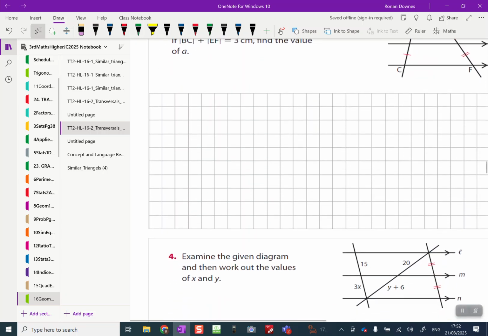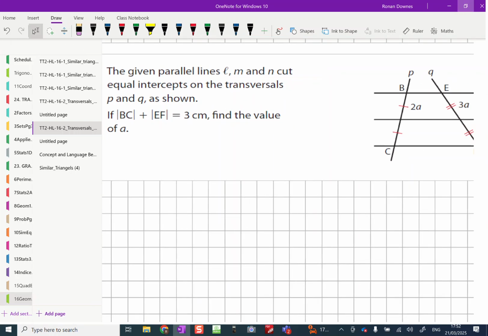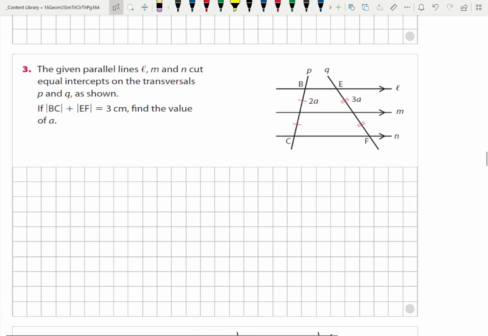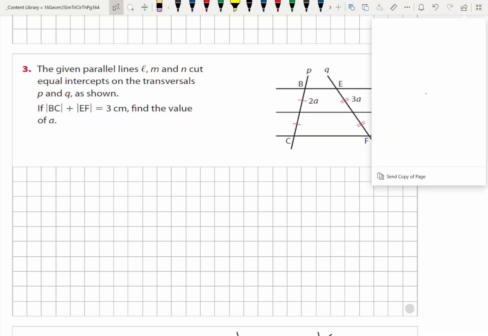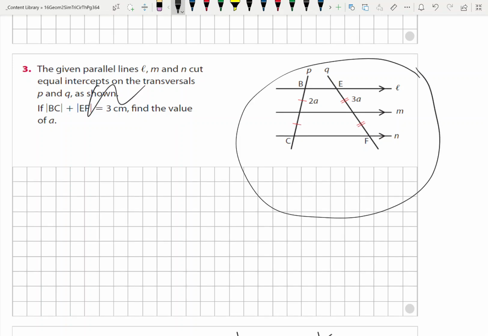So here we are, we're doing question 3. And I would not be spending too much time looking at this first. I'd be looking at this. And I want you to think, what are they going to probably ask me? They're probably going to ask me, what is E?